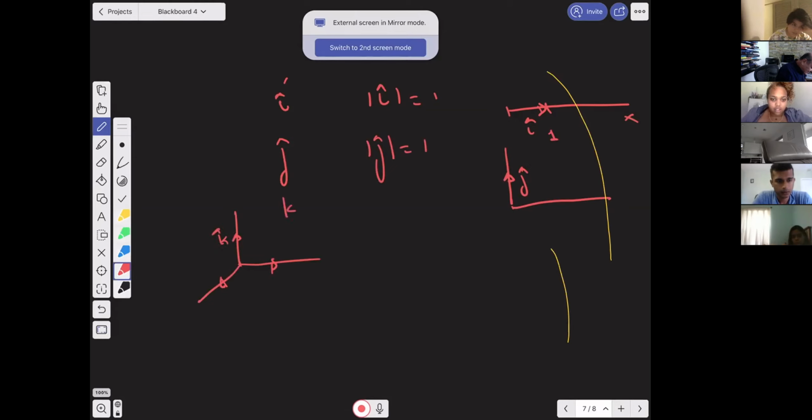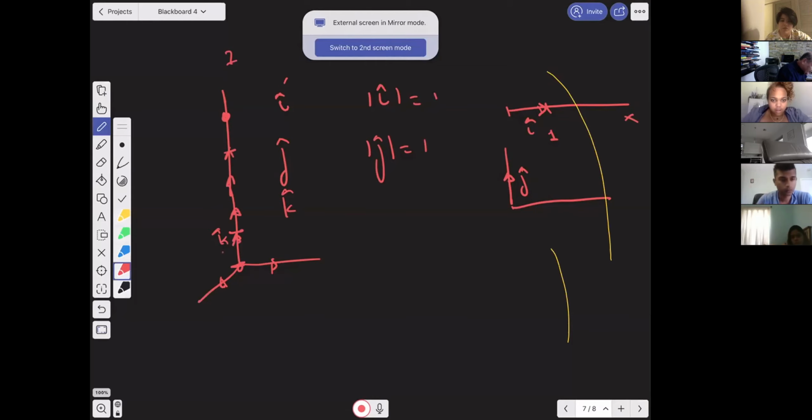And what I say is that these vectors are unit vectors because I want to know in space how far you will go if you are here. If you are here, maybe you will go 10 times k. So if this distance is 1 meter, you are 10 meters from the origin in the z direction, following k.